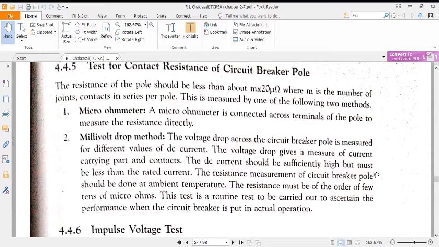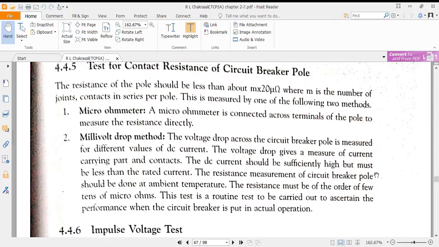Sometimes we want the resistance to be a very small value, and at some parts we want it to be very high. When we expect the resistance to be very high, it acts like an insulator. And when we expect the resistance to be very low, it acts like a conductor.